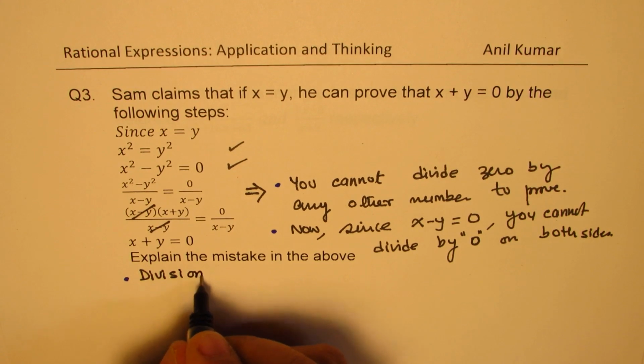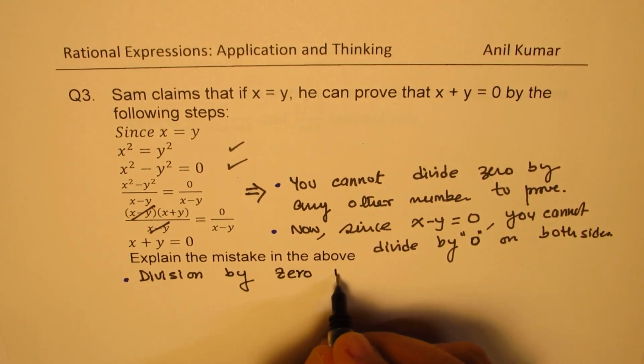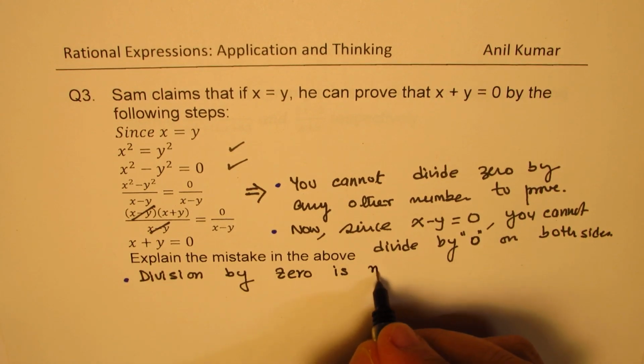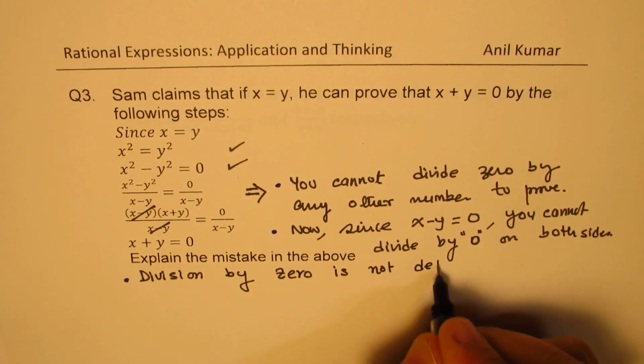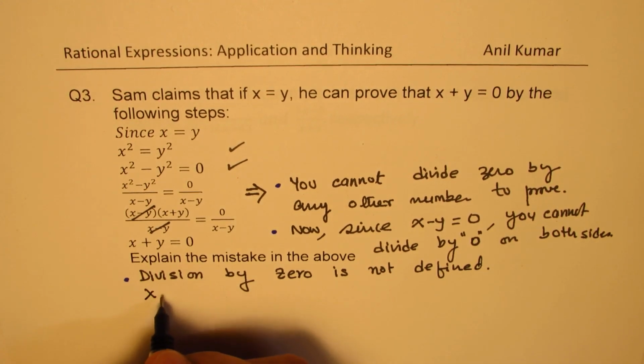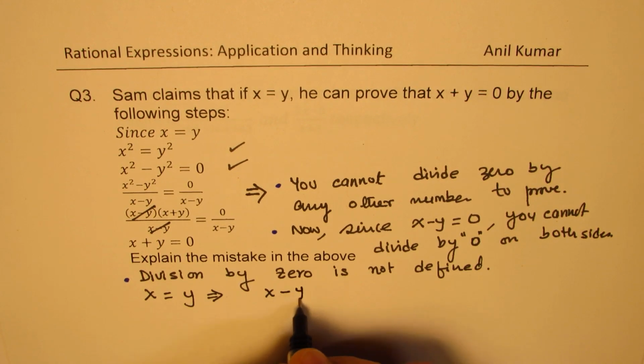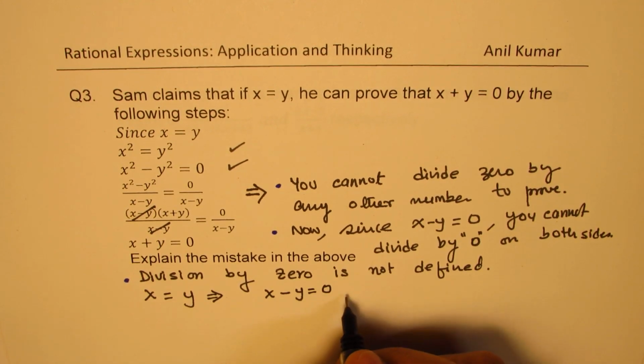So basically, the reason which we'll give here, our explanation, will be: division by 0 is not defined, right? x is equal to y implies that x minus y equals 0.